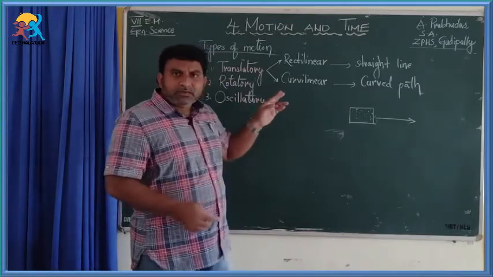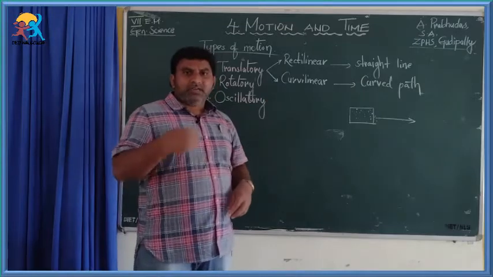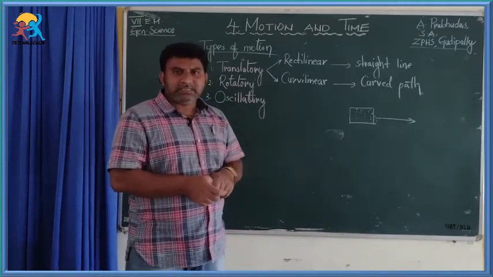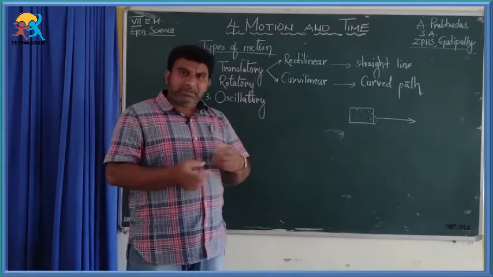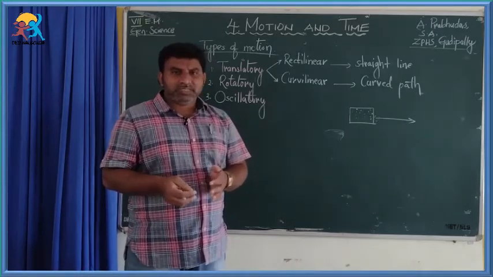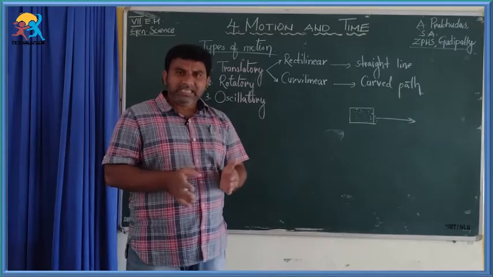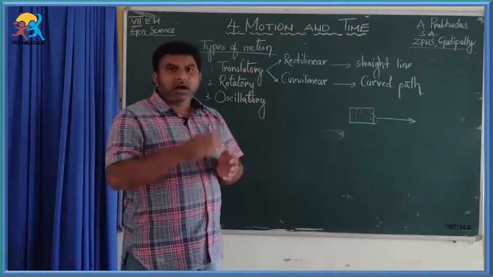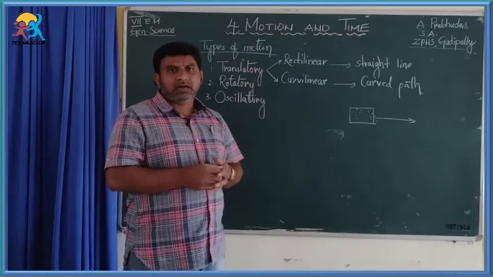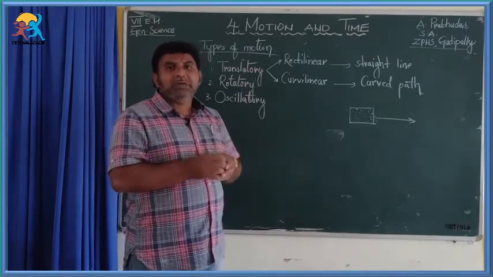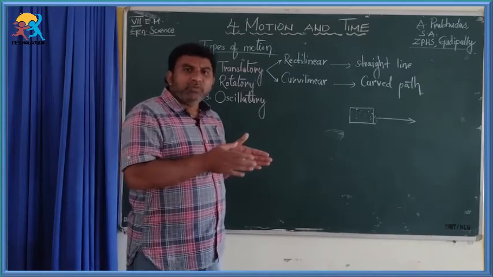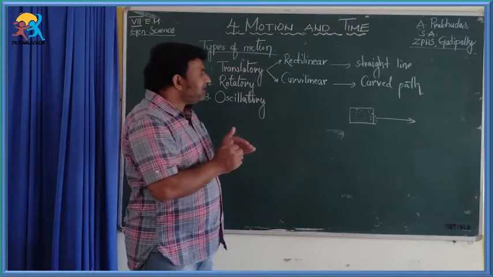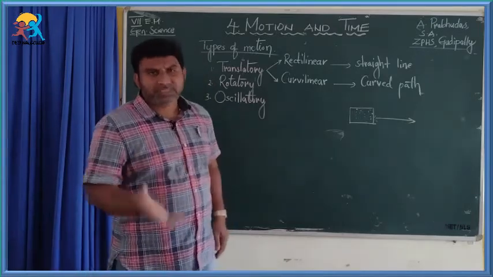So, what is translatory motion? I would like to ask you this question, because earlier I told you what translatory motion is. I repeat, translatory motion is a type of motion in which all the particles or all the parts present in a moving object move along the direction of motion.